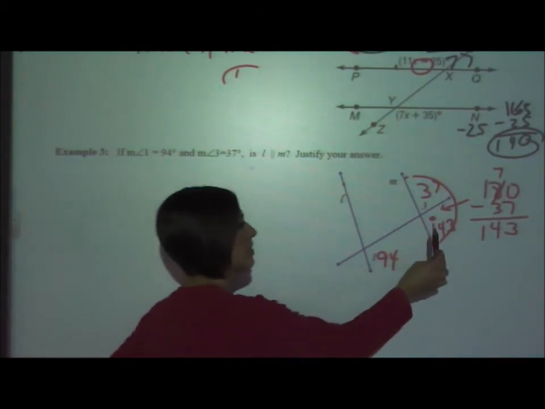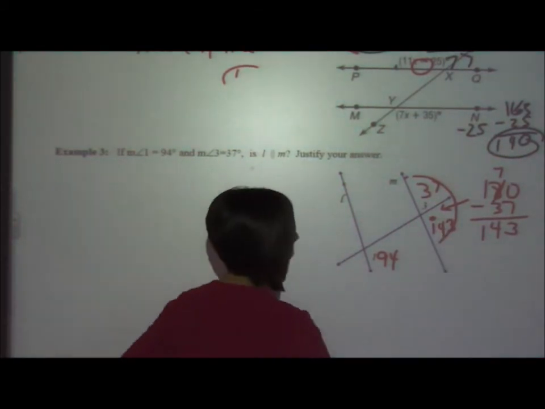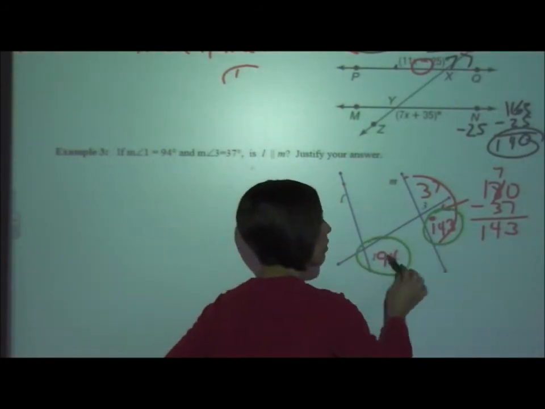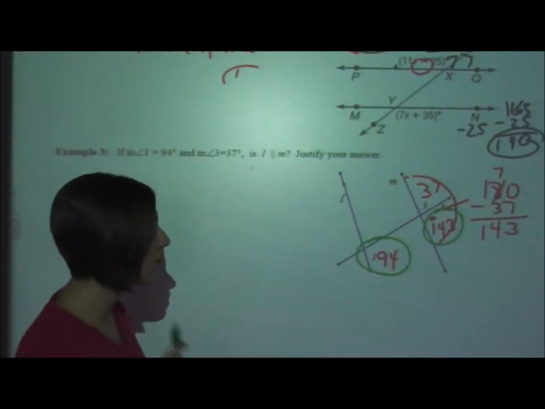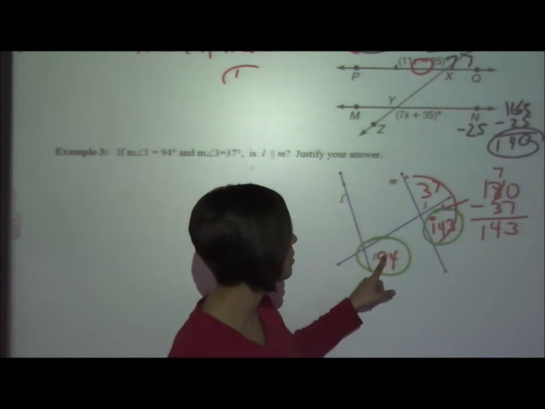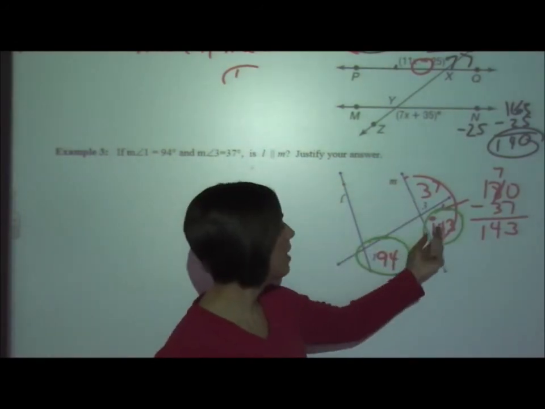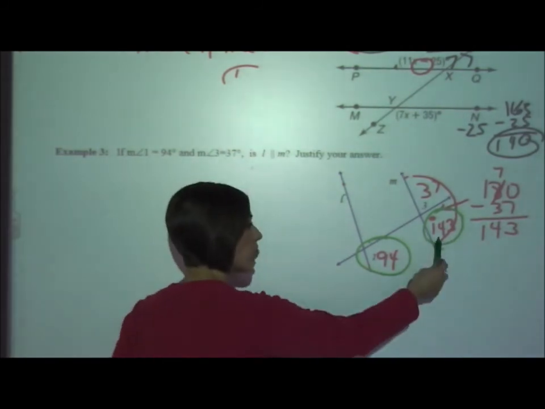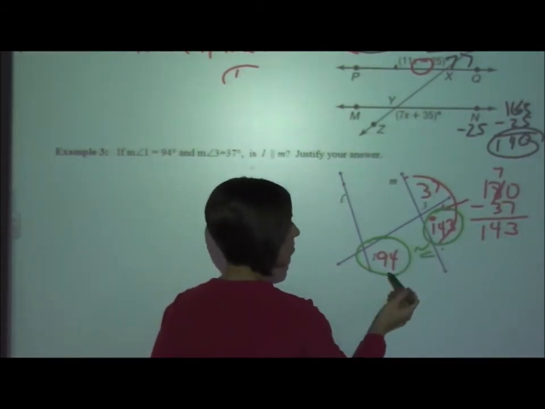Now that I figured out this angle, you notice that this angle and angle 1 are corresponding. And if the lines that form the corresponding angles were parallel, then our corresponding angles would be congruent. Is 143 congruent to 94?